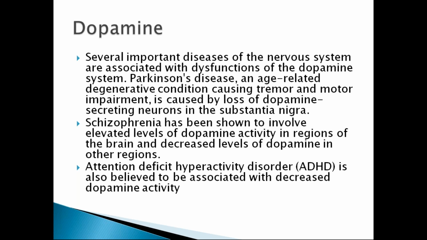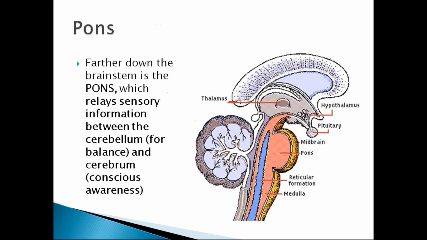So the chemistry in the brain is abnormal, and it causes this behavior, which is sad for someone. And that's why they use medications to help ease these symptoms. Attention deficit hyperactivity disorder, ADHD, is also believed to be associated with decreased levels of dopamine. So I wanted you guys to see how important dopamine is.